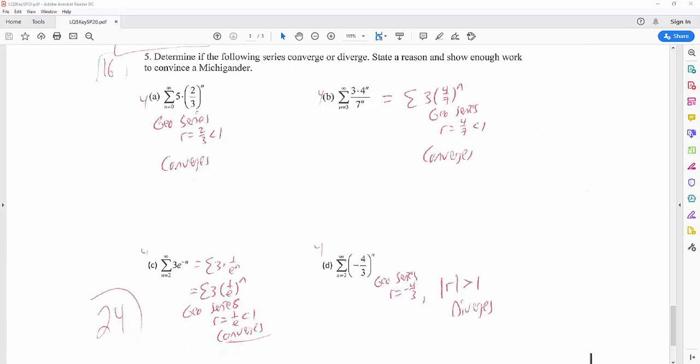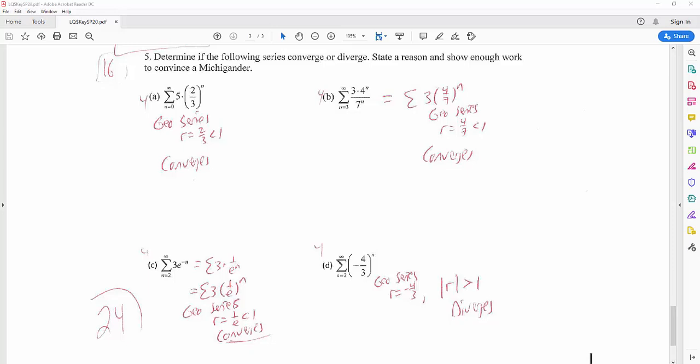For 5c, we have the series 3 e to the negative n, which I can rewrite as 3 times 1 over e to the n, which I can rewrite as 3 times 1 over e, all to the n power. And by doing that, I can see, yes, I have a geometric series.